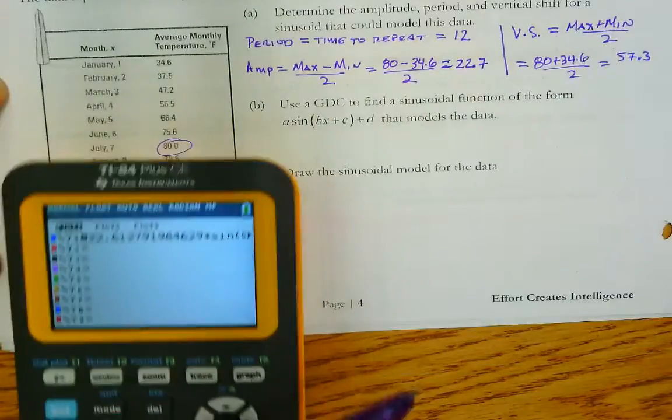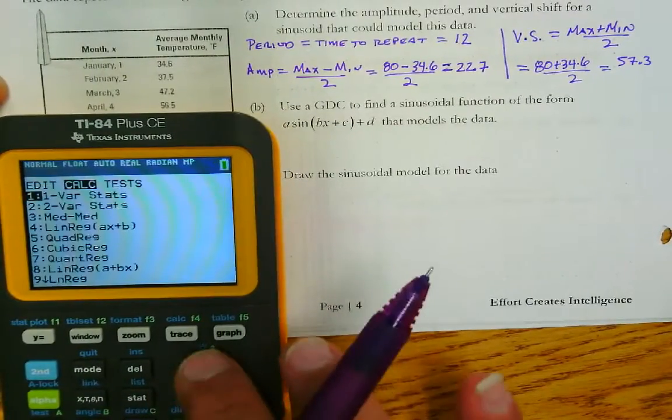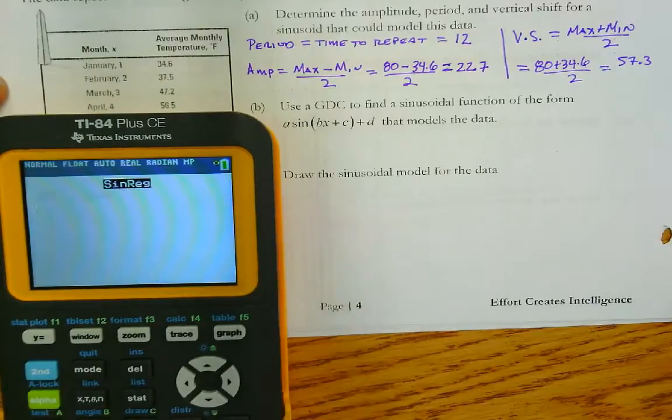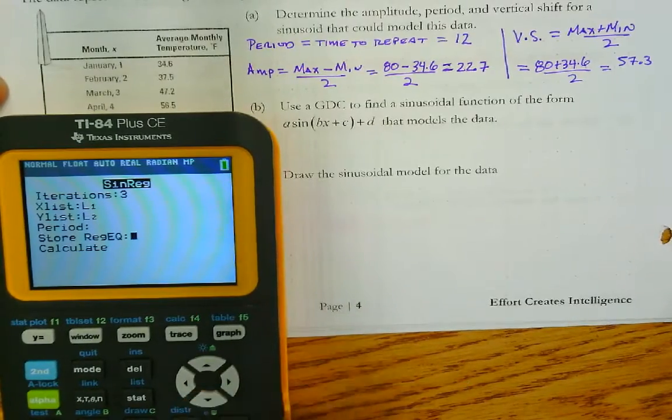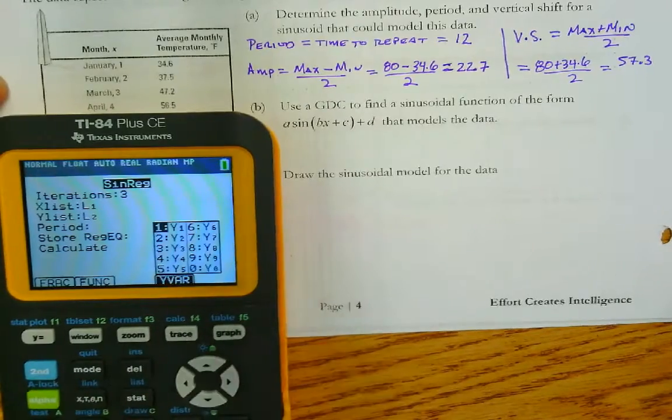So once again, what was the process that we did? Stat, calculate, sine regression, leave everything, we stored our regression equation, alpha y equals into y1.